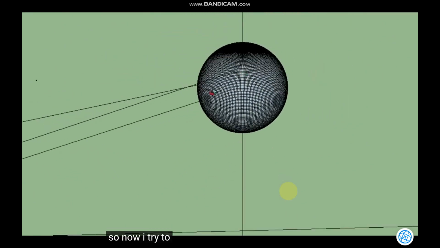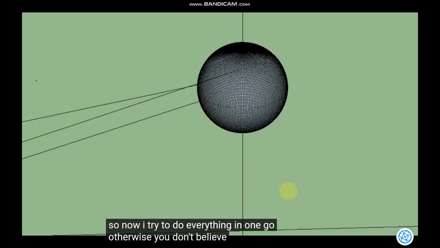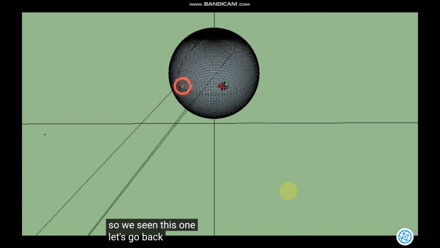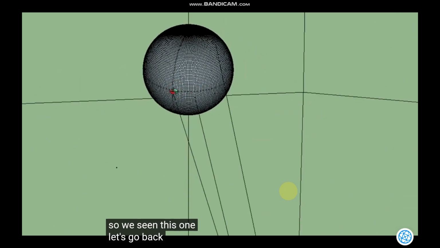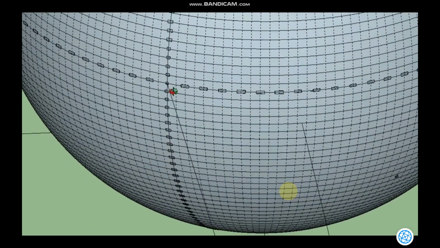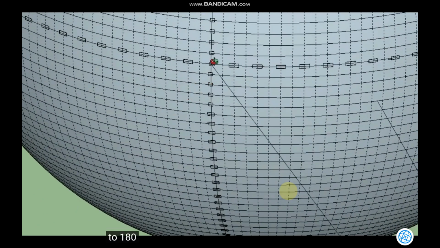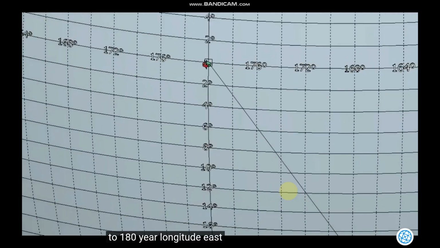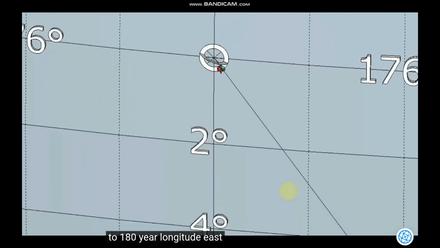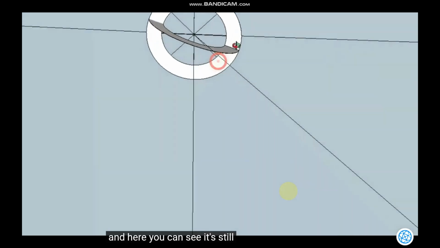So now I try to do everything in one go, otherwise you don't believe me. So we see this one. Let's go back to the 180 longitude east. And here you can see it's still the same.